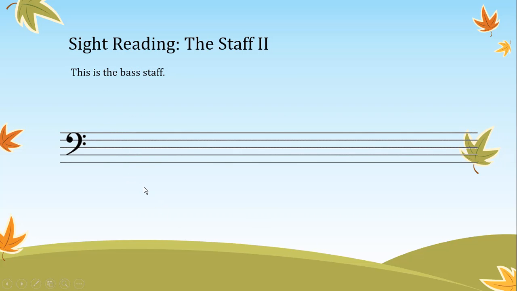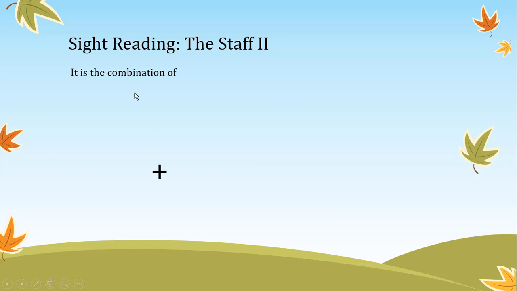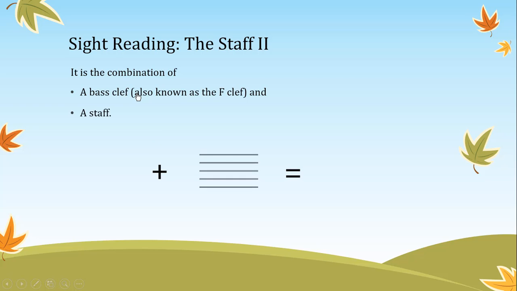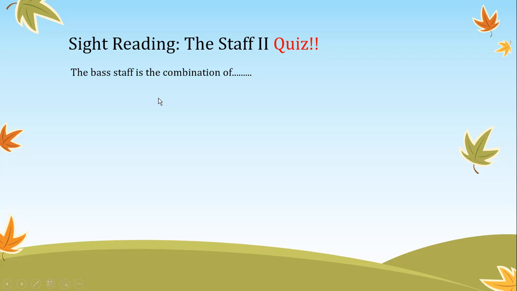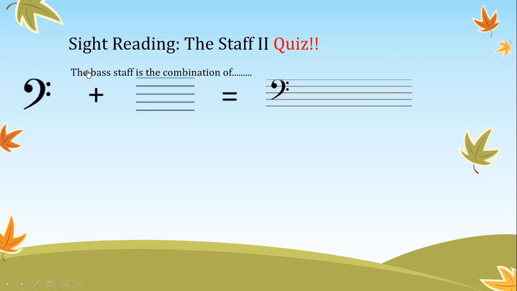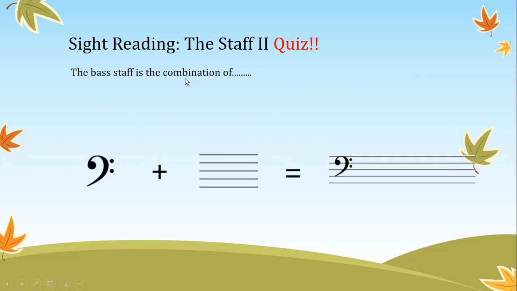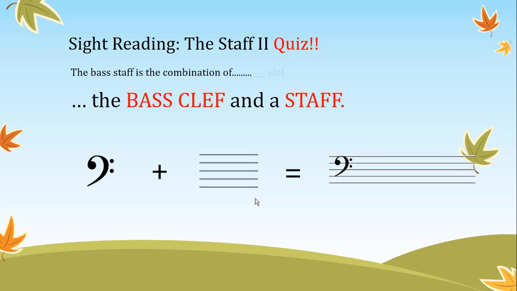Quickly, let's take a look at the bass staff. We all know that this is what the bass staff looks like. And again, we have to add two elements together to give us the bass staff. The first element is the bass clef and a staff, okay? The bass staff is the combination of the bass clef and a staff.